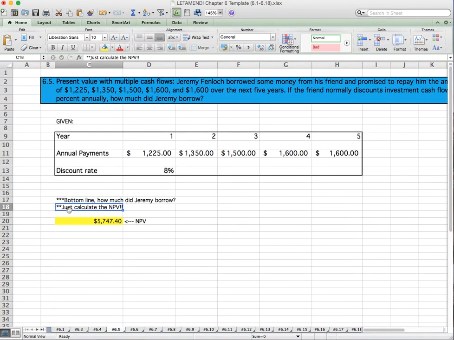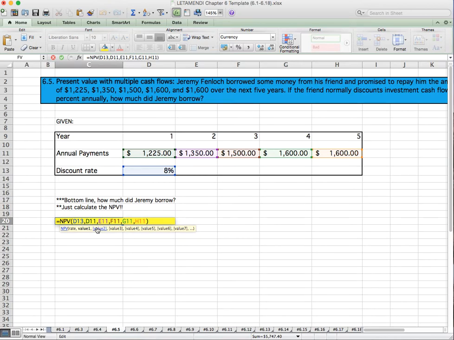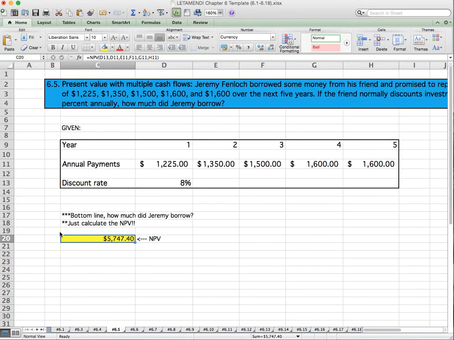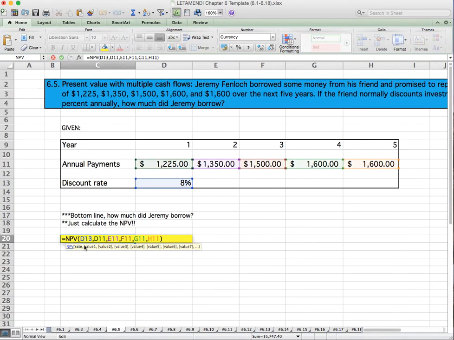And in order to find out that or any other comparable problems, we need to find the net present value. That's it. So not very complicated. You do equal NPV, and let me zoom in. Right, you do equal NPV. For the rate, you put in the 8%, and for value 1, value 2, value 3, value 4, value 5, you just click on each one of these individually.